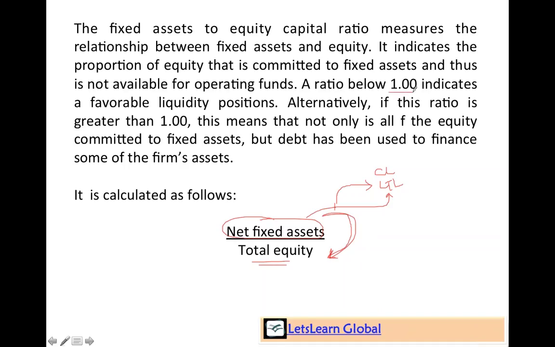If it is less than 1, the total amount of fixed assets is funded from equity. If it is greater than 1, it is not only from the equity but debt is also used in the acquisition of fixed assets. Okay.